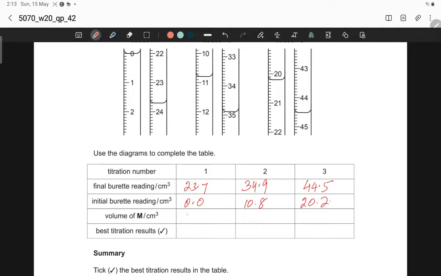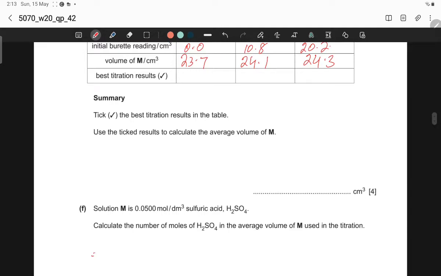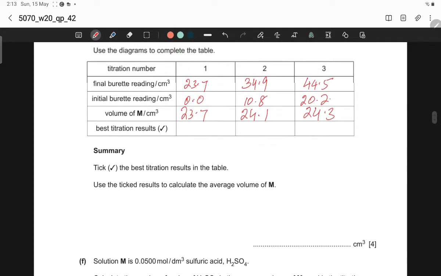The answer: subtract the initial from the final. This is 23.7, this is 24.1, this is 24.3. Use the ticked results to calculate the average volume.